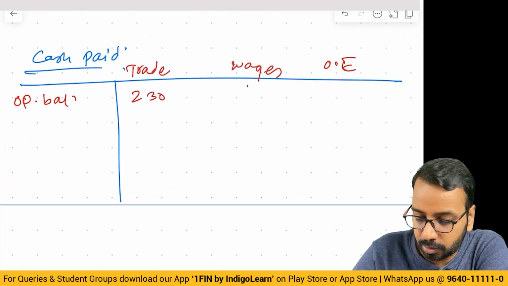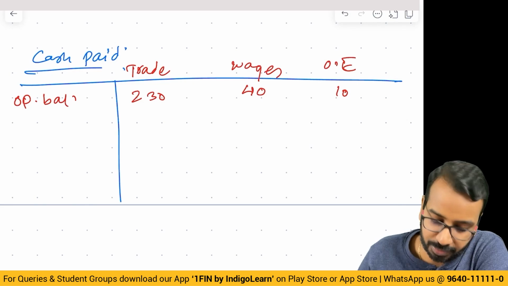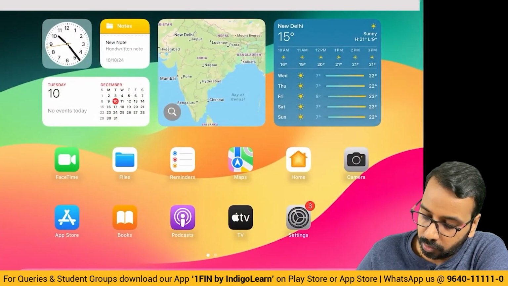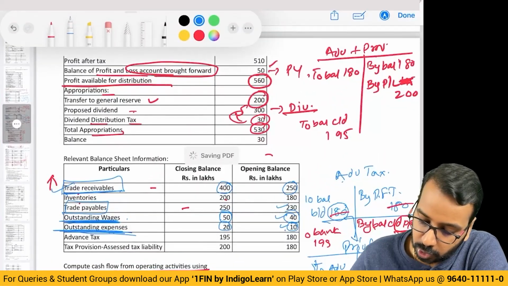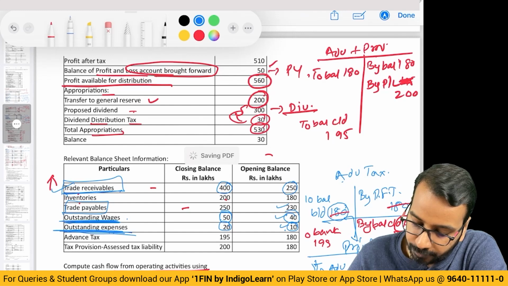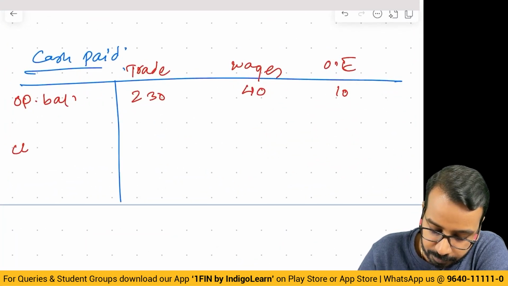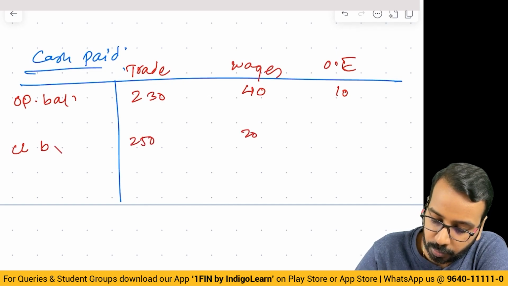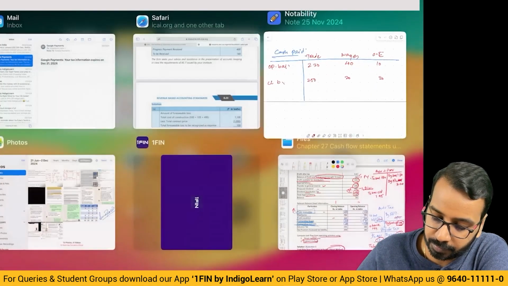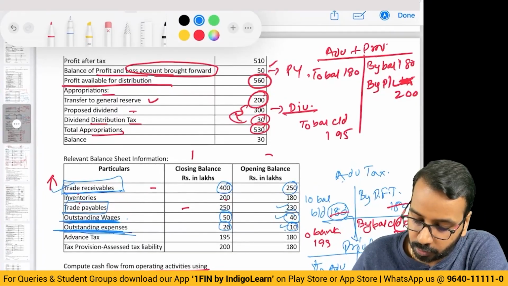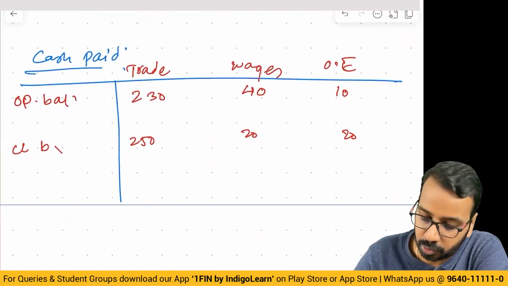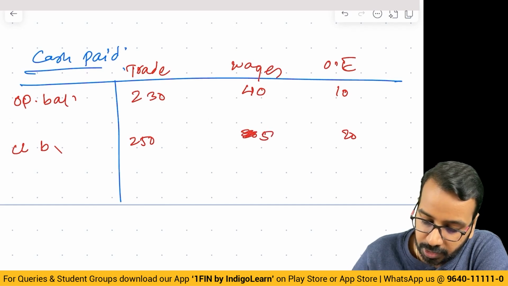230, 40 and 10. Then what is the closing balance? Sorry, 250, 50, 20.